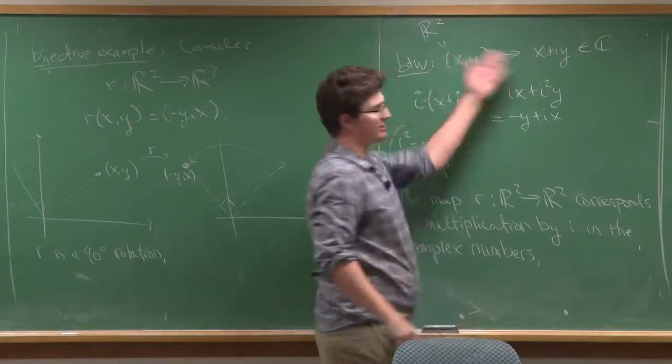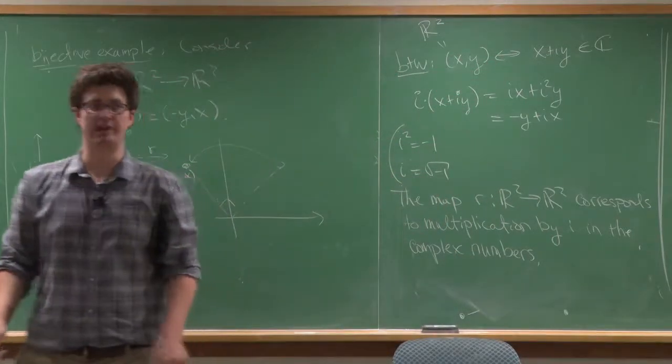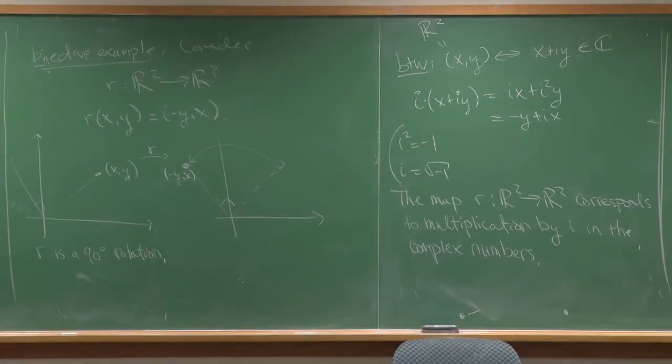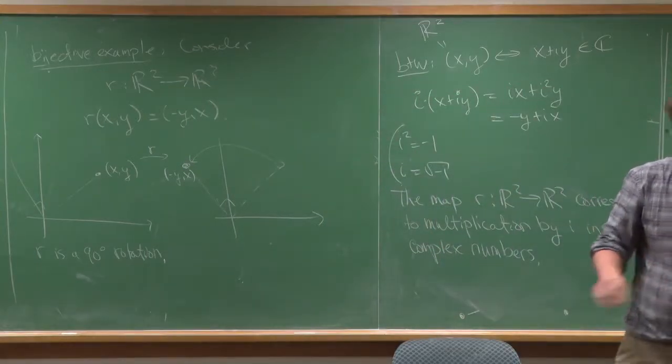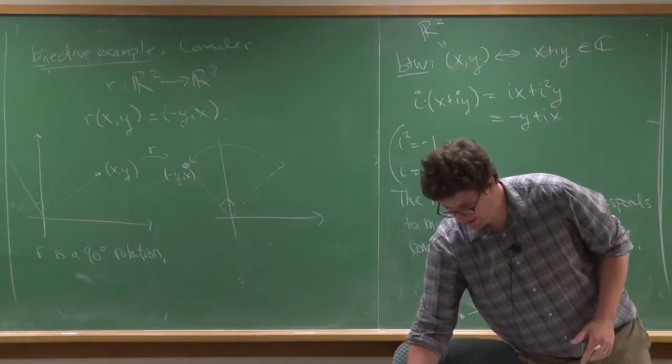I just wanted to let you guys know how you can think about rotations really quickly. Multiplication by complex numbers, as a function, is a rotation and a stretching of the plane. Which is kind of a cool thing. This is another reason why complex numbers are useful. You guys should take a complex analysis class, and they talk about that stuff. Anyway, okay.